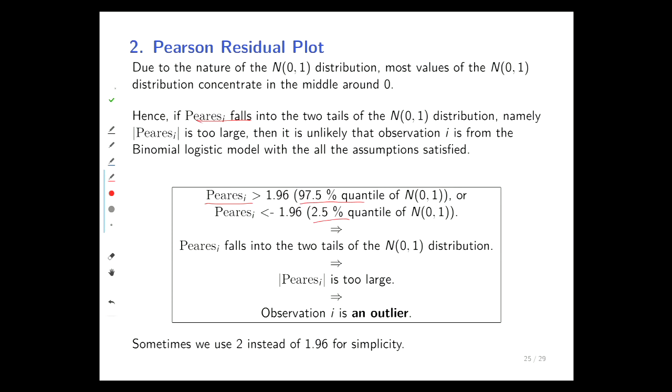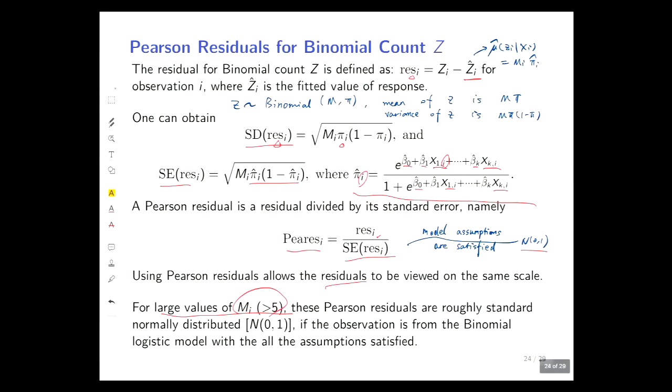It's too large, because most values concentrate in the middle. In that case, we will doubt that this observation is an outlier. So we can use the Pearson residual to identify outliers for the binomial logistic regression model. I just copied this page from the studentized residual; the standard is basically the same. The only difference is how to construct this Pearson residual based on the idea of the studentized residual.